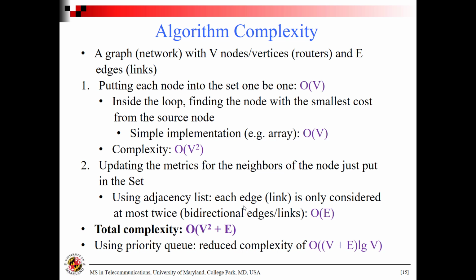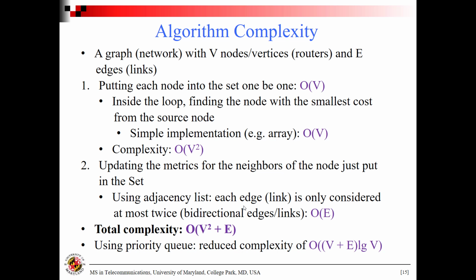So if you decide to use a priority queue to implement the functionality when you want to find the node with the smallest cost, basically a min heap based priority queue, then you can reduce the complexity, because the nice thing about a priority queue is that many of the operations in this algorithm will become logarithmic. Instead of linear, finding a minimum becomes a logarithmic operation.